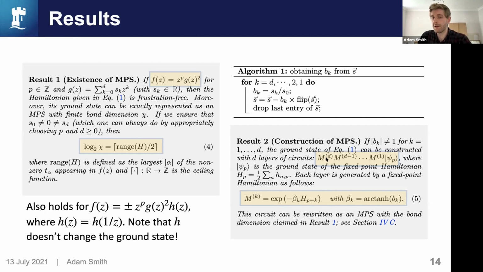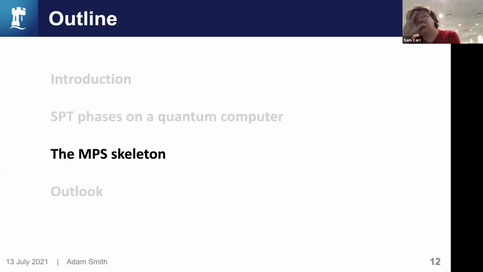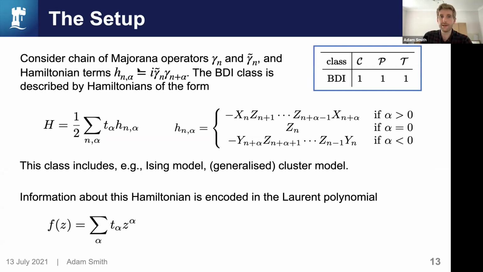And then we apply a sequence of layers, which are these operators m1 to md, which look like this: exponential minus beta times some Hamiltonian. And these Hamiltonians are of this form. If I go back, yes, this i times gamma tilde gamma.